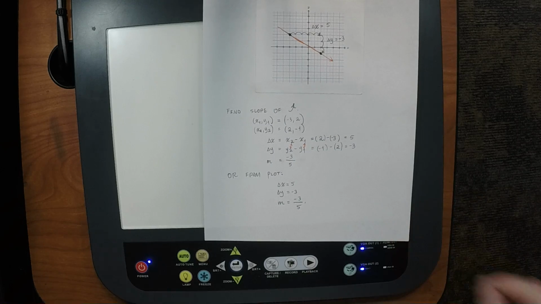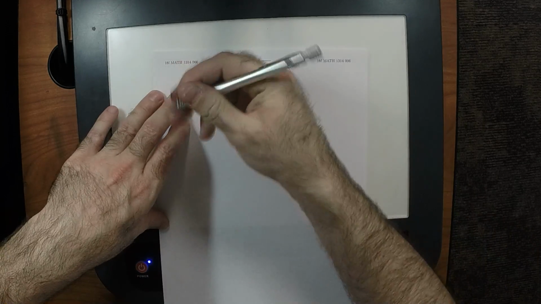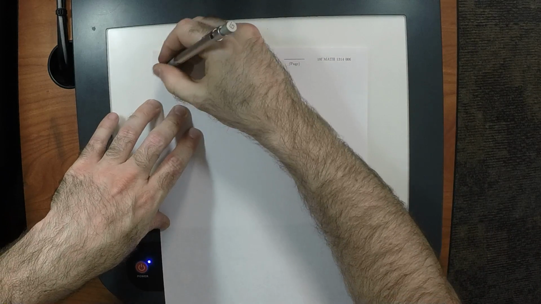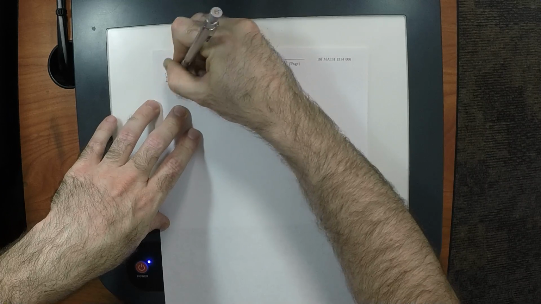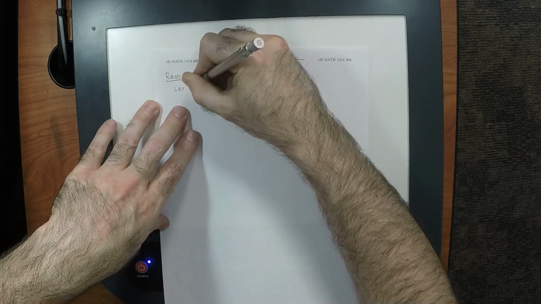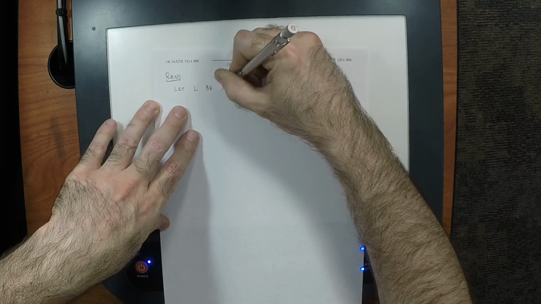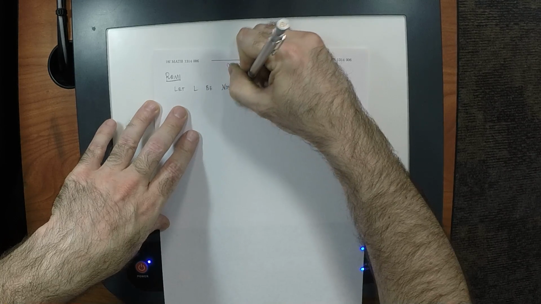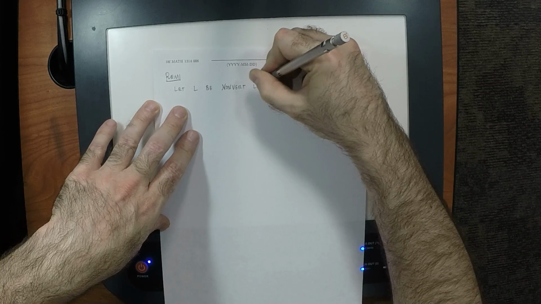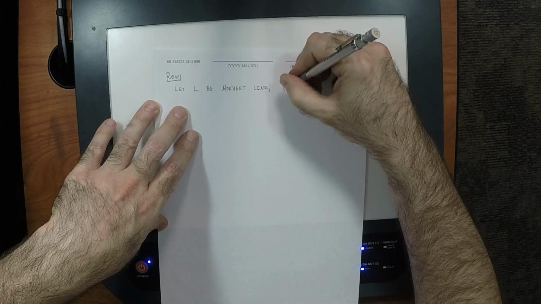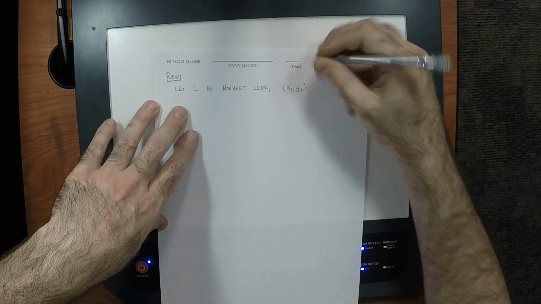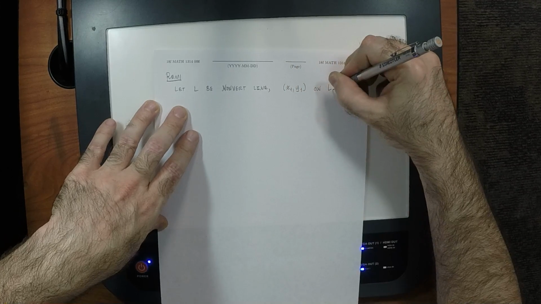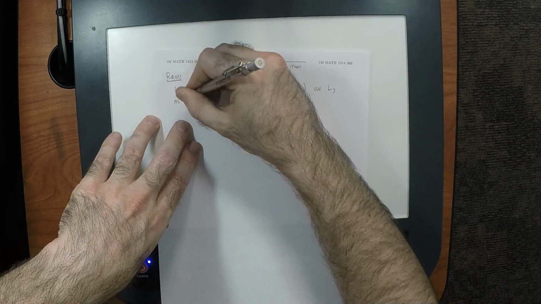All right. Still, we don't yet quite know how to find the equation of a line. So now we need to get that wrapped up. So here we go. Let L be a non-vertical line. Let x1, y1 be on the line, and let m be its slope.